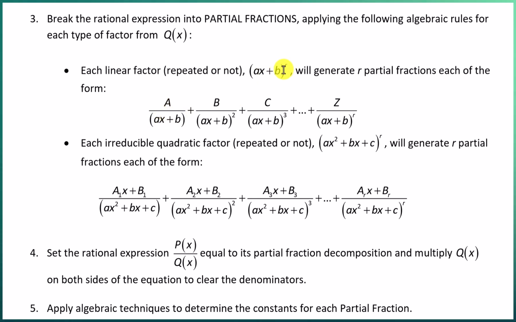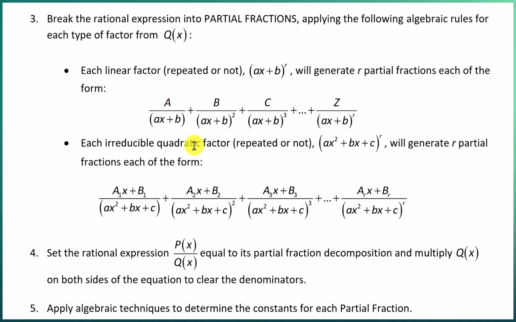Now, if our linear factor happens to be repeated, say there's 2 or 3 of them, this power on the linear factor is something larger than 1, then we'll have the first one to the first power, plus a constant B over ax plus b to the second, plus, and so on and so forth until we get our partial fractions for that linear factor. And then we look at each of the linear factors, and each one of them will create, based on the power r, our partial fractions of this form. So it's a lot of symbols, but we're going to walk through the theory and then practice.